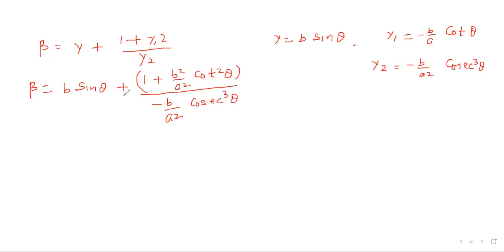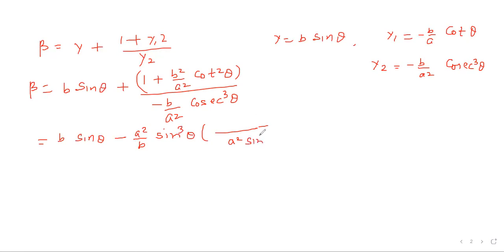This can be written as b sine theta and this minus sign. This is a square upon b, or sine cube theta times, we can write it a square, and cos upon sine will give cot.